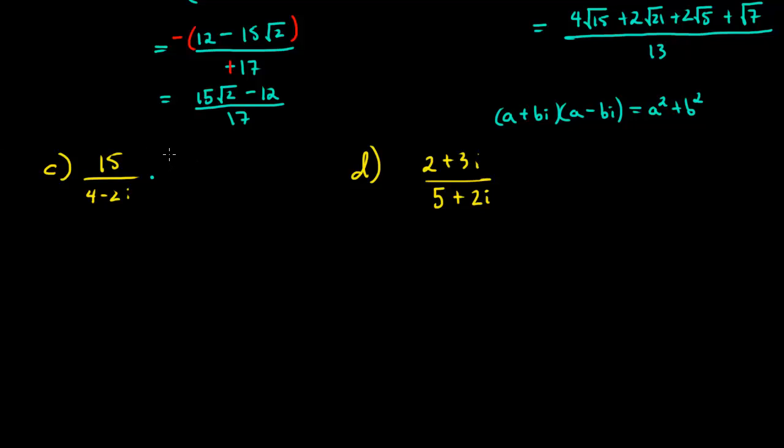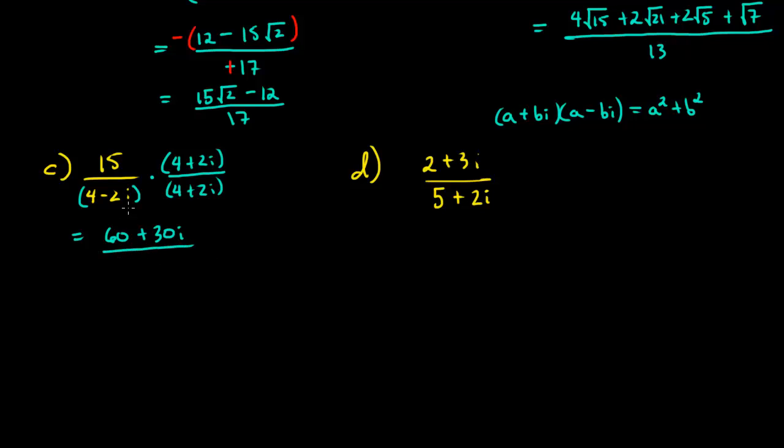So let's multiply the numerator by 4 plus 2i, which is the complex conjugate of 4 minus 2i. So I've got 4 minus 2i times 4 plus 2i in the denominator. Now let's go ahead and expand. If I expand the numerator, I'll get 15 times 4, which is 60, plus 15 times 2i, which is 30i.